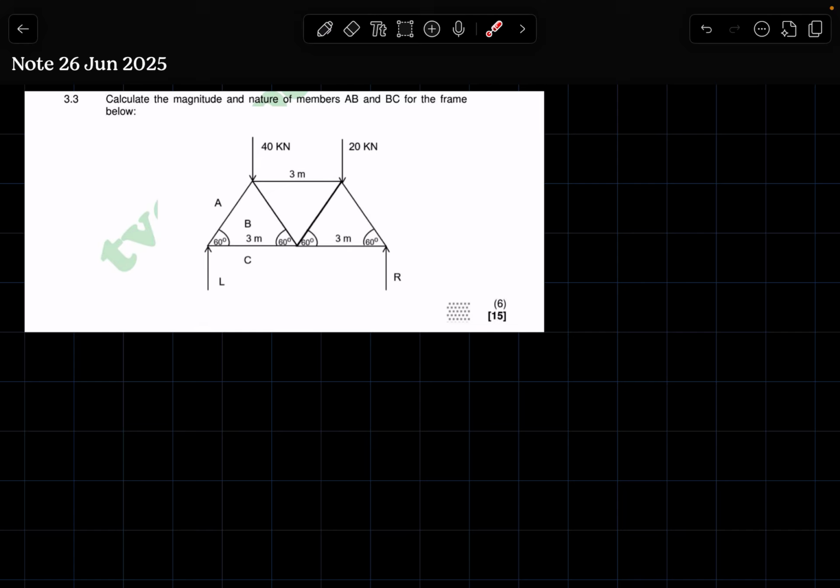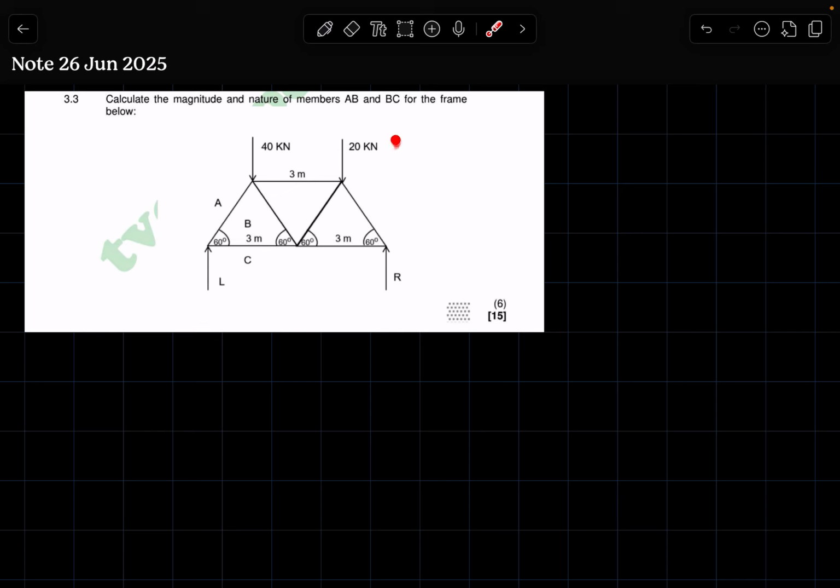It is very important that for any and all problems based on frameworks or roof trusses, the external forces are in equilibrium, meaning the sum of forces heading downwards must be equal to the sum of forces heading upward. If that's the case, that is when you can attempt problems based on roof trusses.